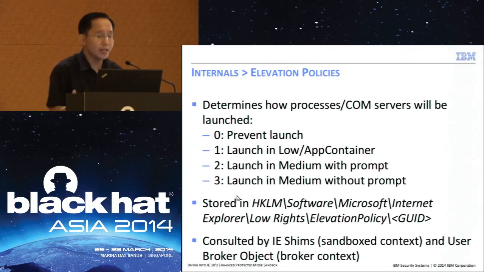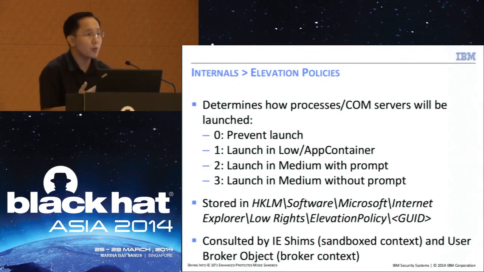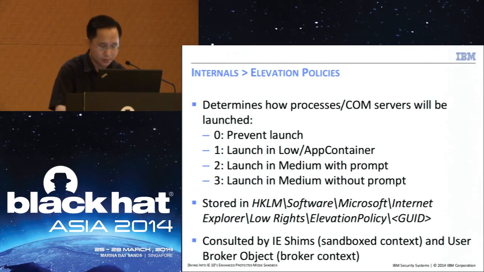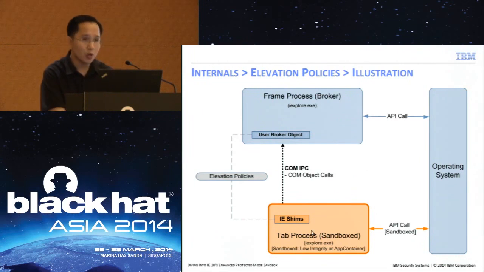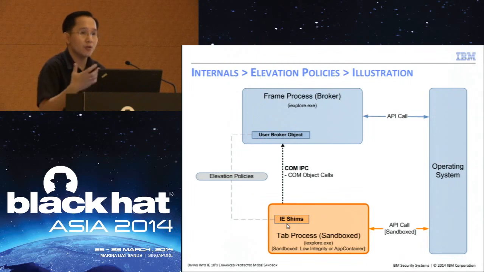So elevation policies are stored in the registry and are consulted by both the Sandbox and the broker process. For illustration, suppose that IE shims intercepted an API call to spawn Notepad. What will happen is that IE shims will consult the elevation policies, and it will find out that Notepad should be executed in medium without prompt, so the API call will be forwarded to the broker.